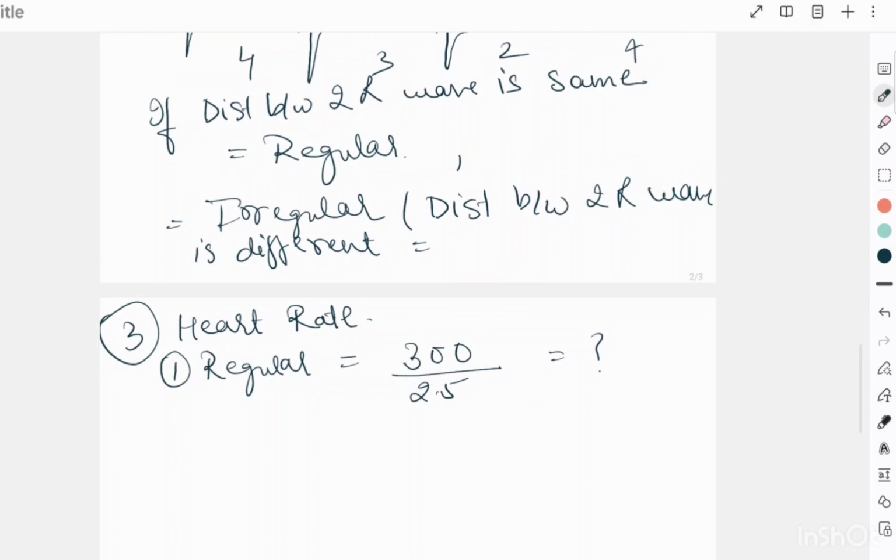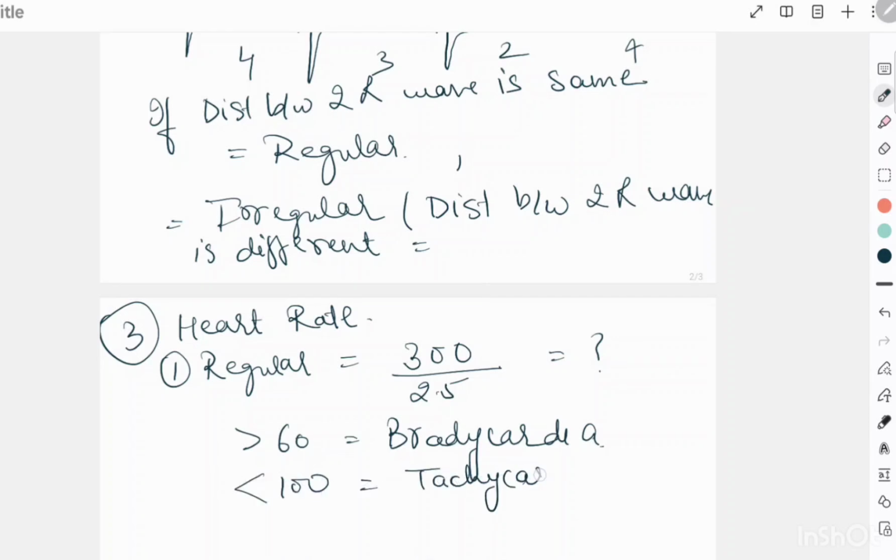If the heart rate is less than 60, it is called bradycardia. If more than 100, then tachycardia. So you have to remember these things.